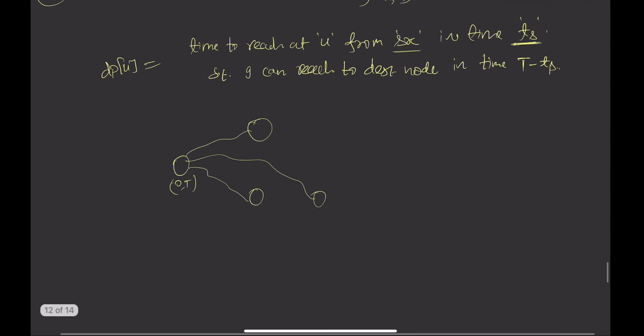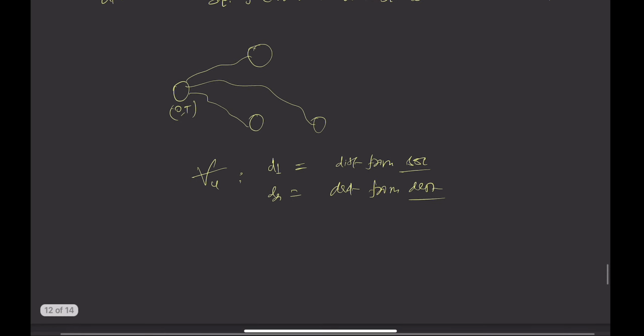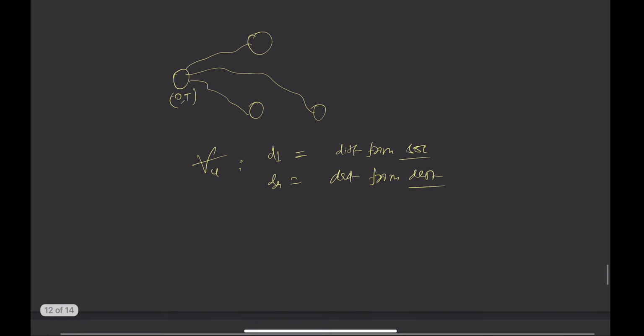So calculate d1, which is the distance from source, and d2, which is the distance from destination, for each node. For all nodes u, calculate d1 and d2.